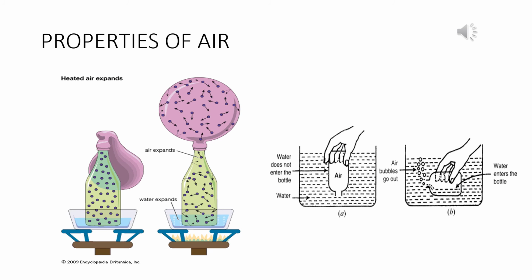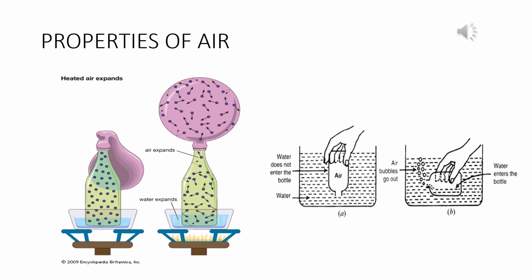To explain the property of air of expansion upon heating, we have taken two glass bottles. The mouths of those glass bottles are fixed with a balloon. One glass bottle is kept normally, and the other one is kept in a bucket filled with water under a heat source.